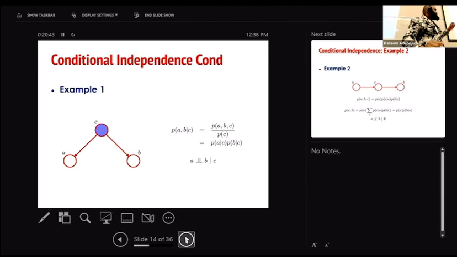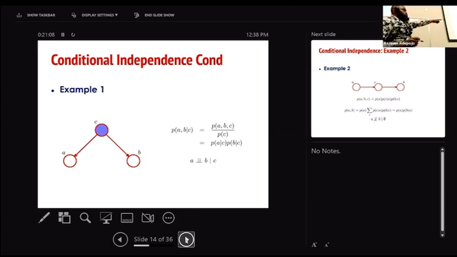If I now have this one, where A and B are independent given C, I want to find the probability. I'm going to show you something now. Based on the structure, what is the probability of A, B, C?